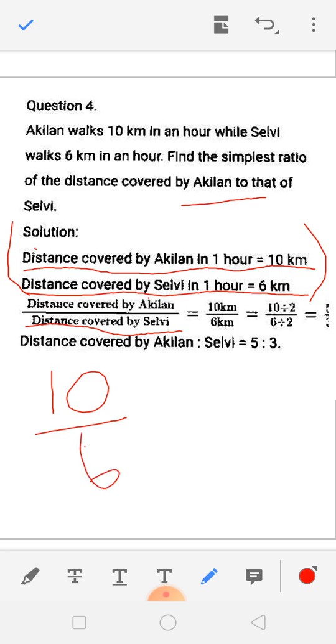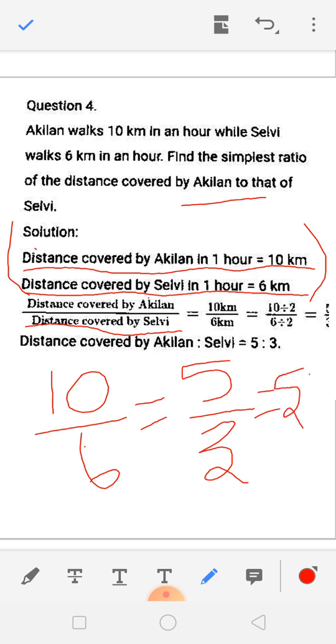In the two table, 5 2s are 10 divided by 3 2s are 6. Can we cancel anything more? There is no chance to cancel. So the answer is 5 by 3. We can write 5 by 3 as 5:3, 5 ratio 3.